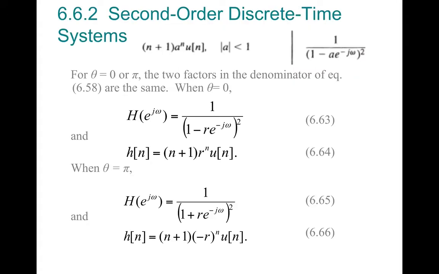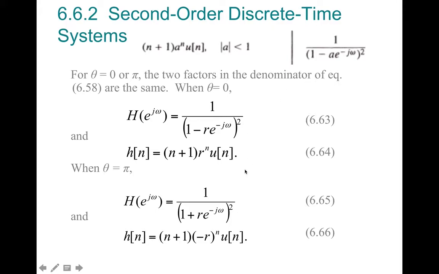Okay. And in the special case when theta equals 0 or pi, the two terms that multiply together are the same. Either theta equals 0, then we get 1 divided by (1 minus r times exponential minus j omega) to the power of 2, or it is 1 divided by (1 plus r exponential minus j omega) to the power of 2.